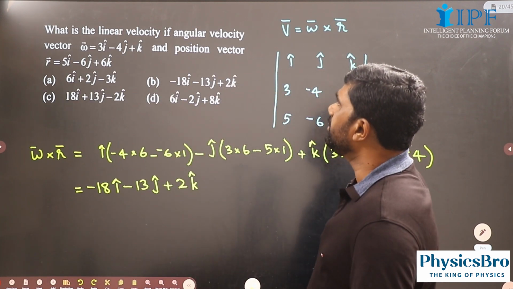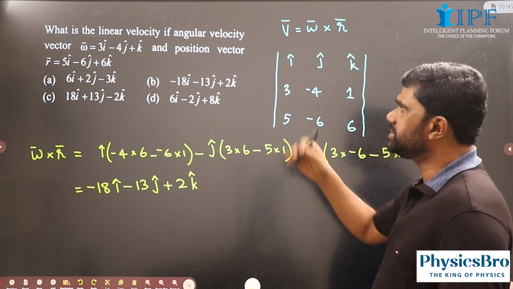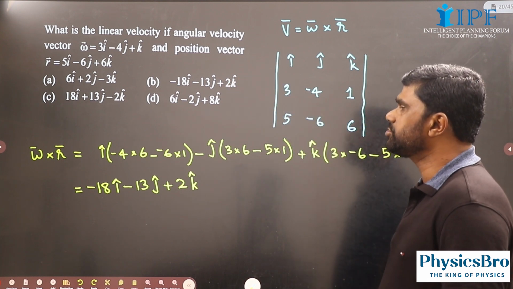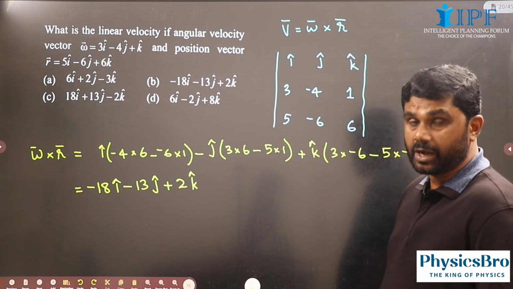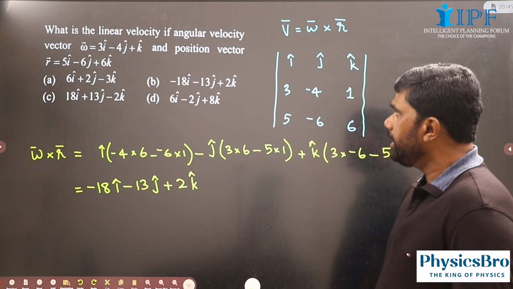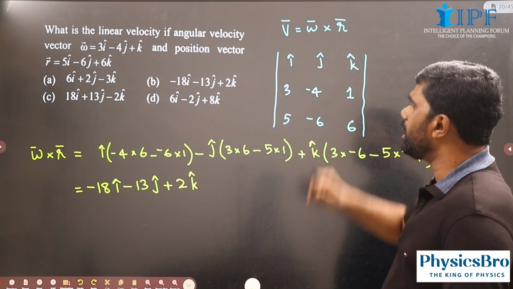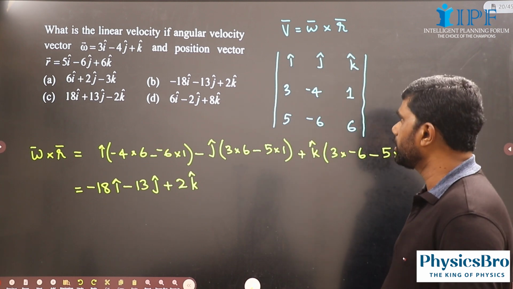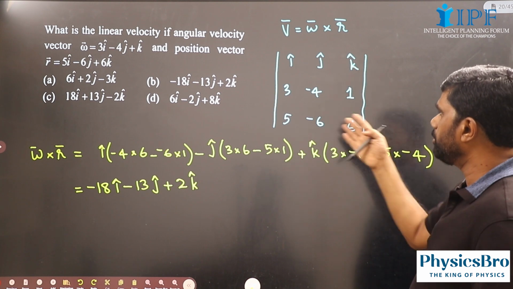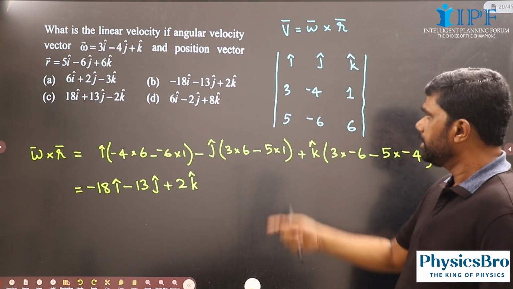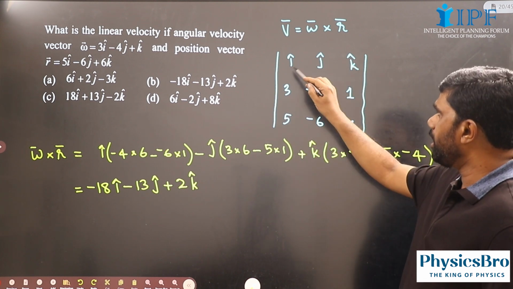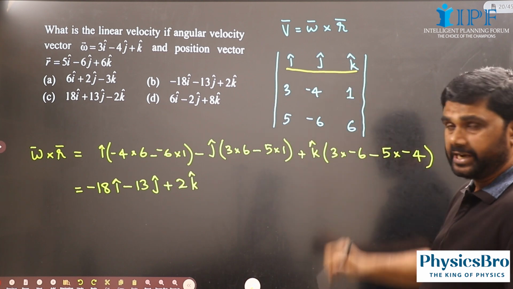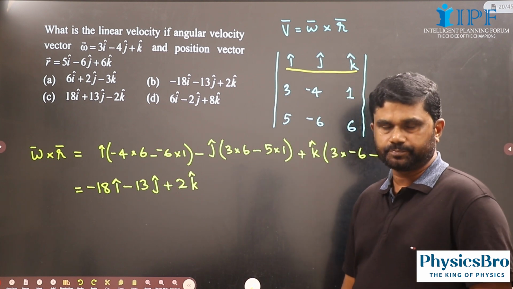What is the linear velocity if angular velocity is given and position vector is also given in component form? Linear velocity v equal to omega cross r. So we have to form this determinant and evaluate it. Suppose we are evaluating this determinant along the first row.